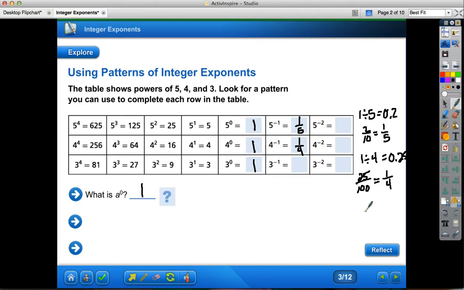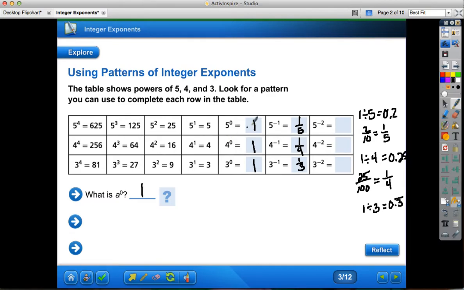And if I try it again with 3, 1 divided by 3 gives me 0.3 repeating, which I know converts to 1/3 as a fraction.